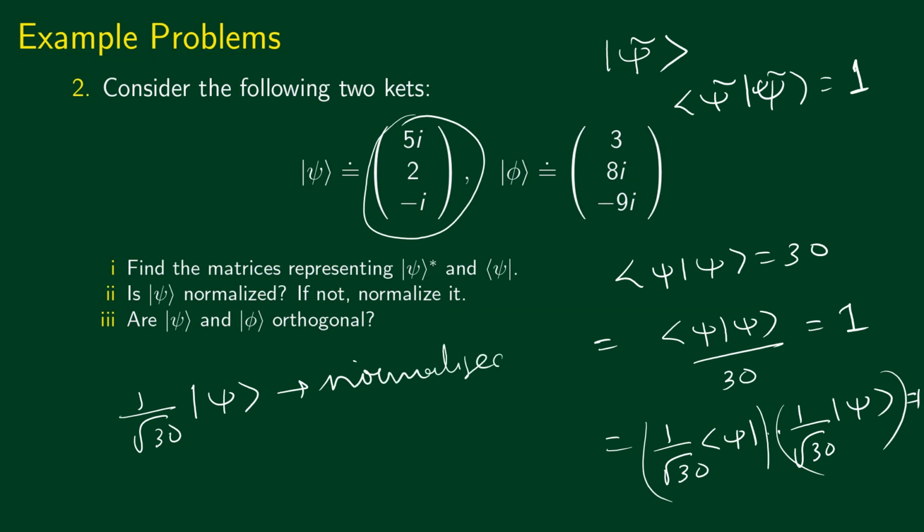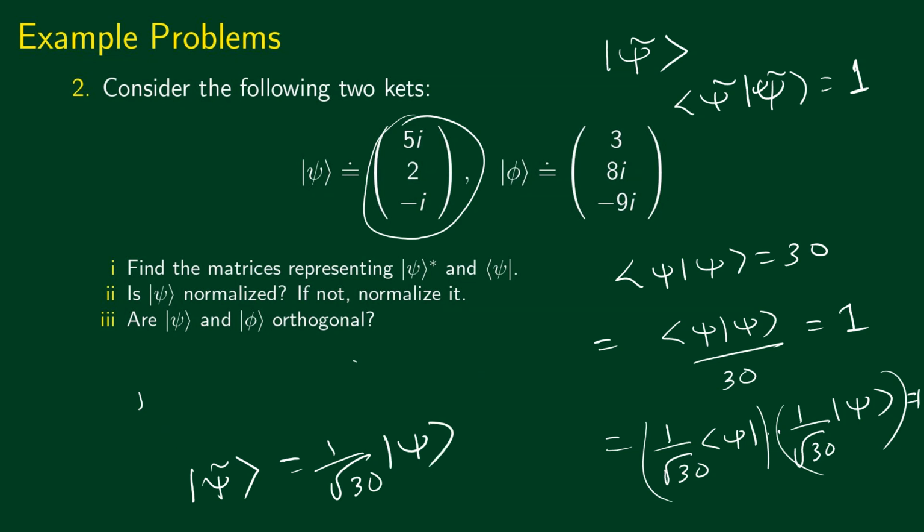This is normalized. Why? Because if I take the corresponding bra, which is 1 by square root of 30 bra psi, and multiply it with this ket, I get 1. So I have found the new normalized state psi tilde, equal to 1 by square root of 30 ket psi. In general, what's the rule of normalizing?